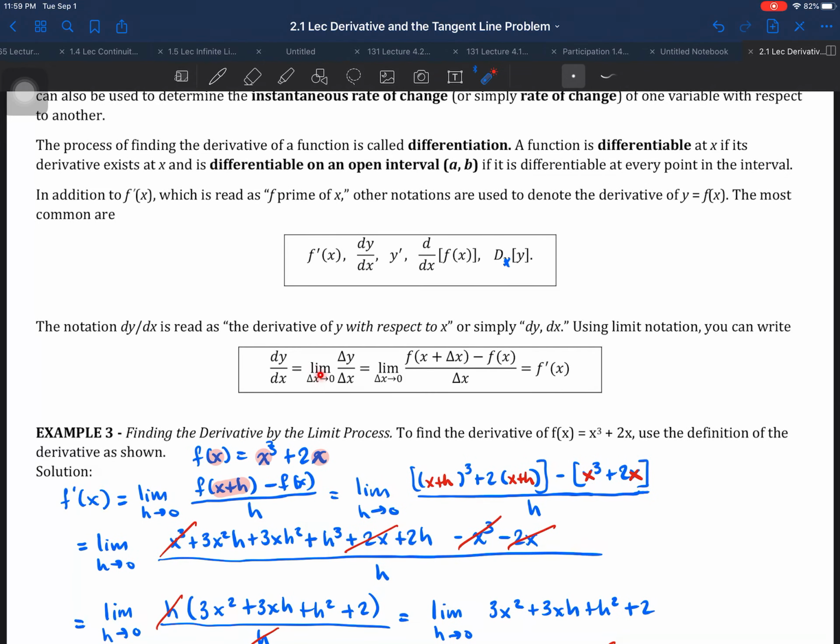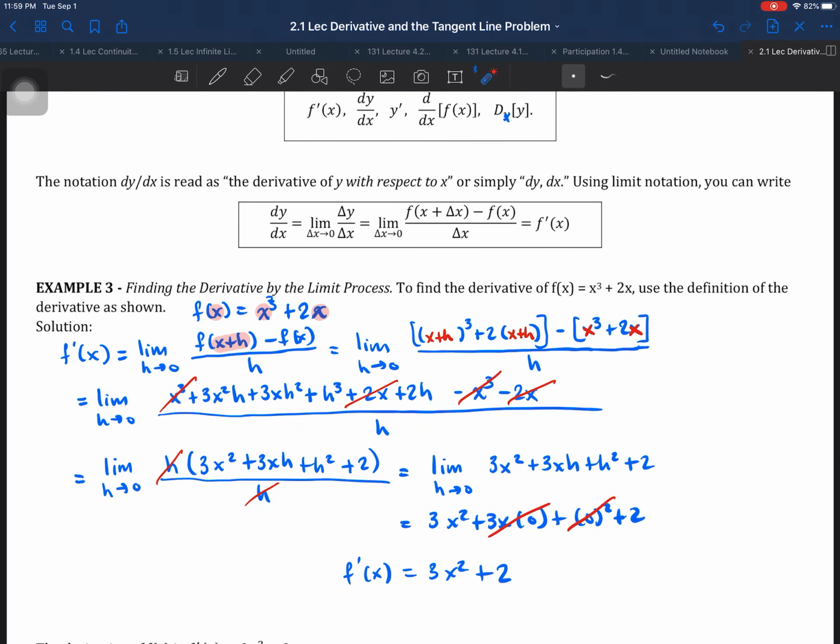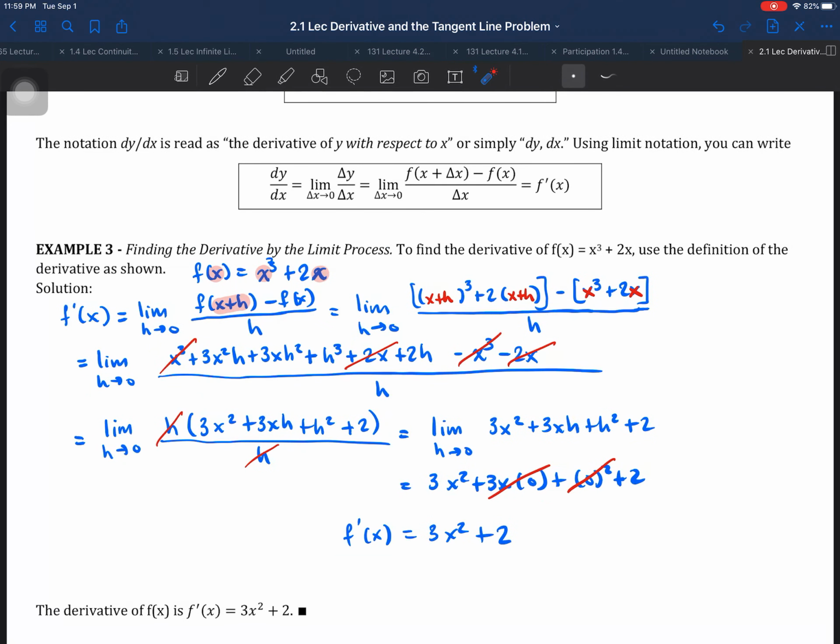The formula will follow. Doesn't matter if you have dy over dx, it's still the same thing. Again, dy dx is read as the derivative of y with respect to x, or simply dy dx. So we're a little bit lazy that way, but I hope that's helpful.